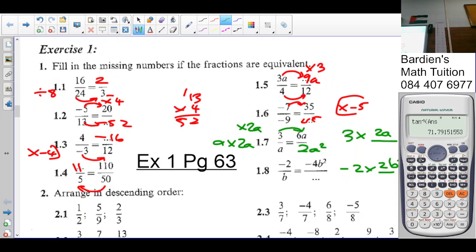So I need a 2 there. I need the b to be squared. Why? Because negative 2 times 2b squared is negative 4b squared. So I must multiply the denominator also by 2b squared. And b times 2b squared is 2b cubed. Understand? Yes, sir. Alright.